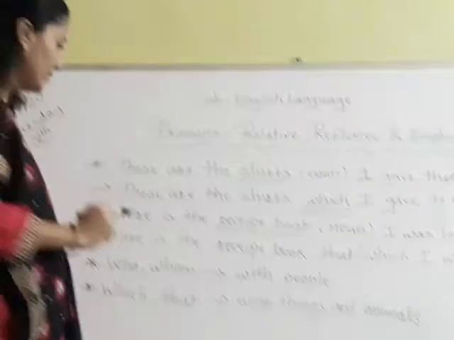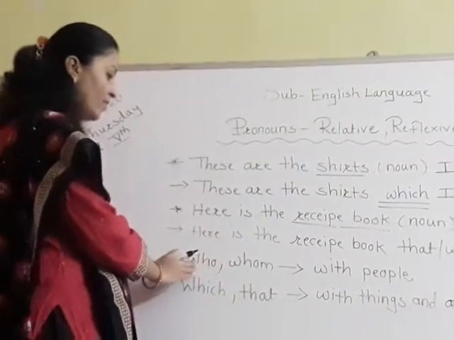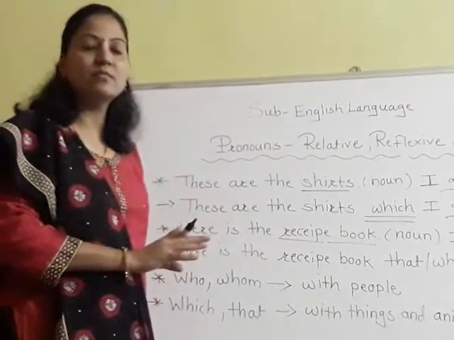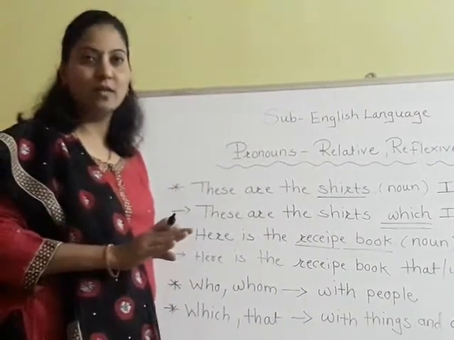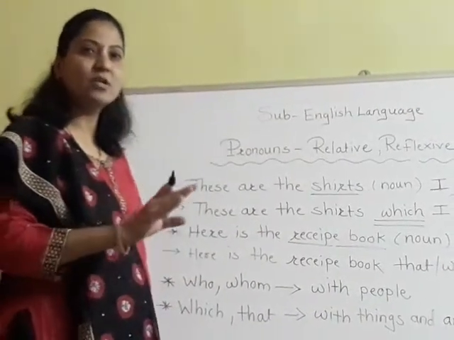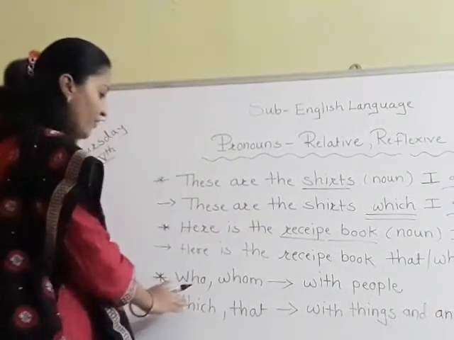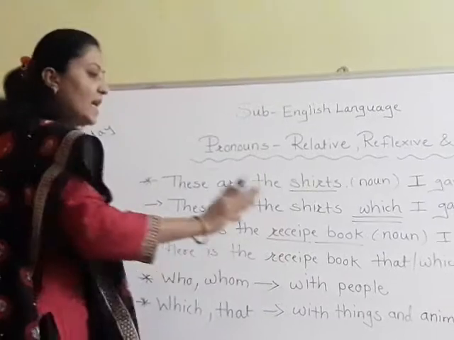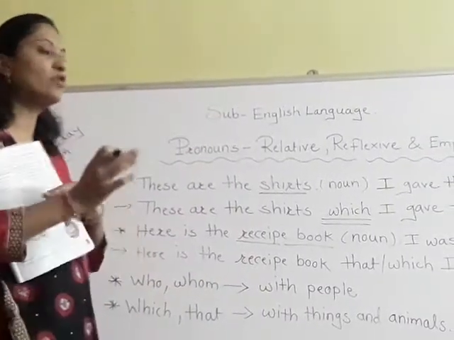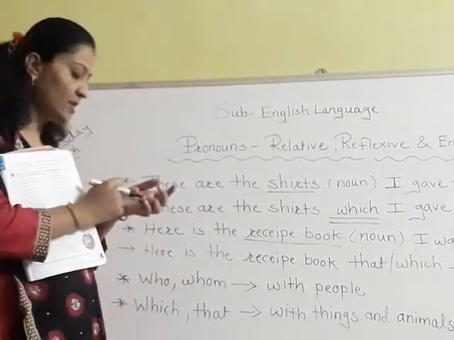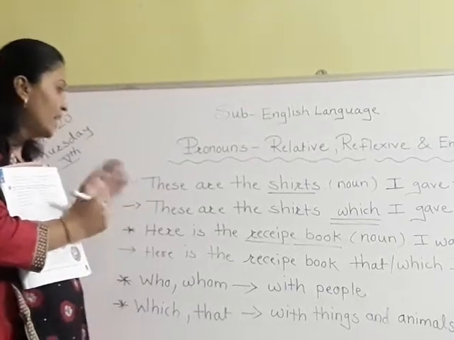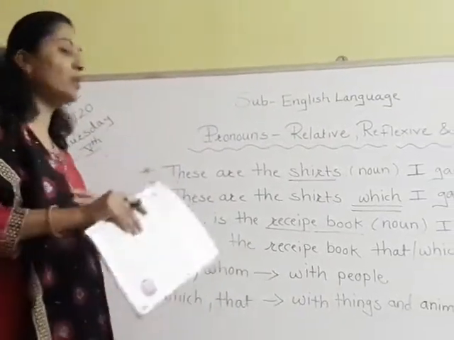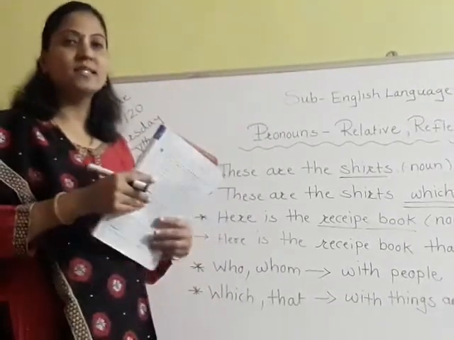It means that we can use who and whom whenever we are talking about the people, and we can use which and that with things and animals whenever we are talking about the things and animals. So like this we can use the relative pronouns, and these relative pronouns are used to join the sentences.